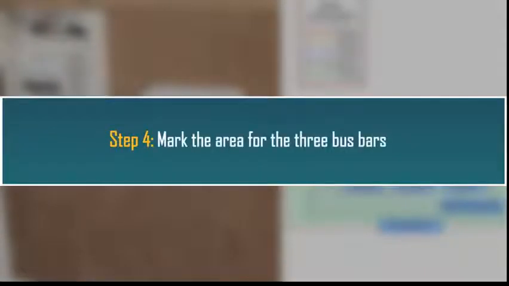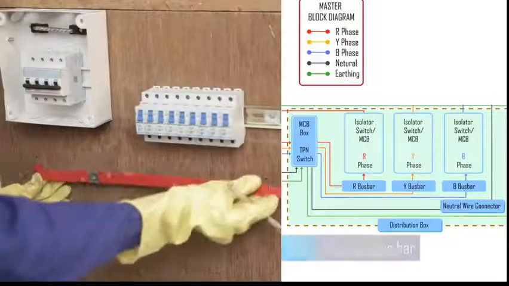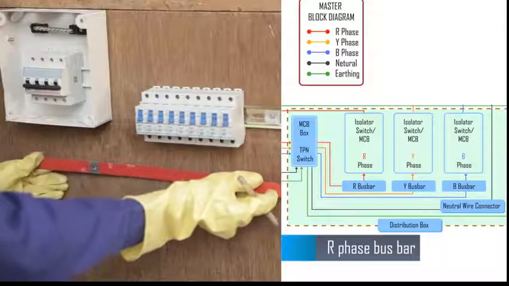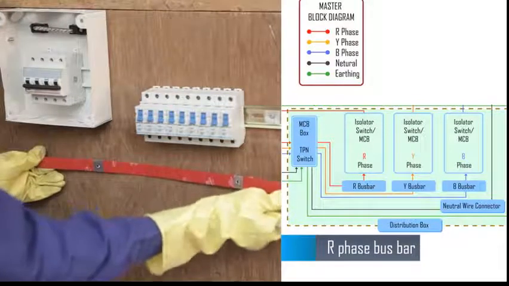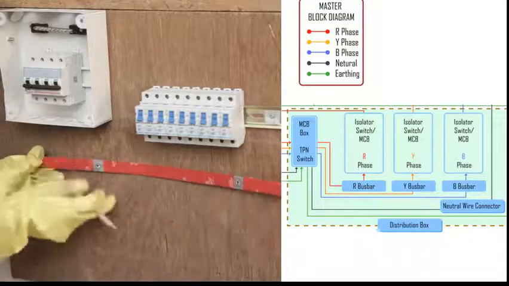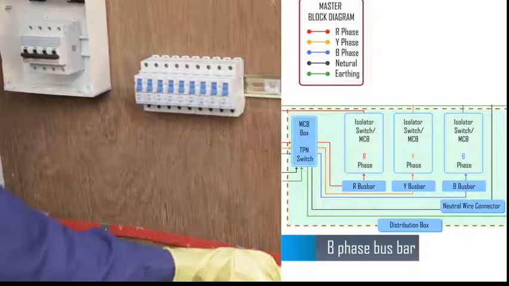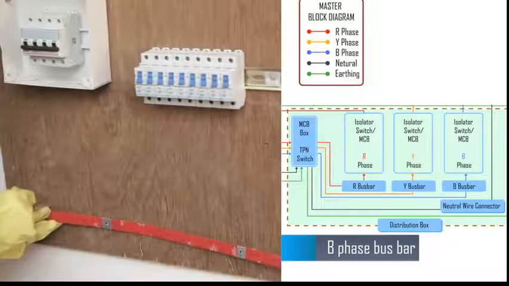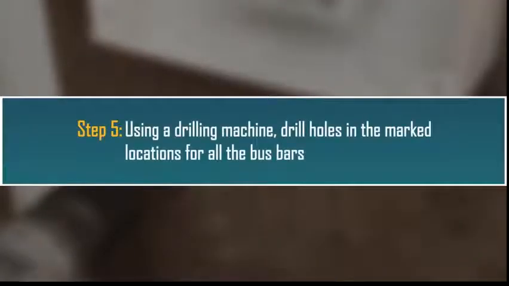Similarly, mark the areas for the 3 bus bars. Step 5. Using a drill machine, drill holes in the marked locations for all the bus bars.